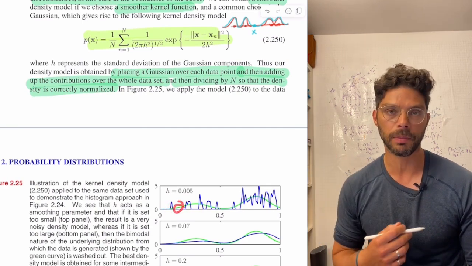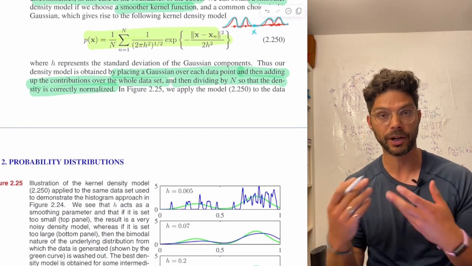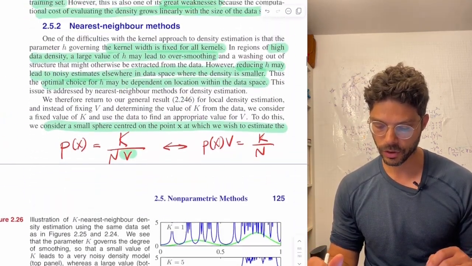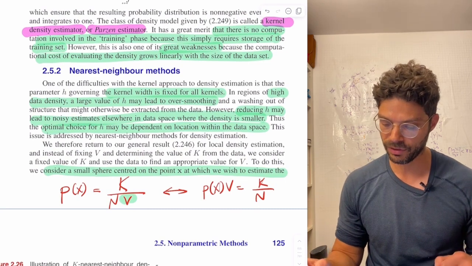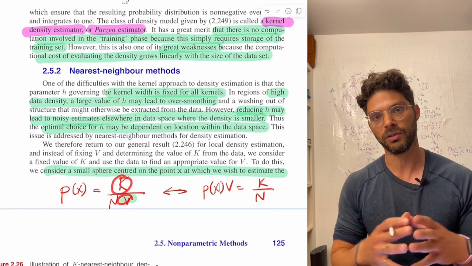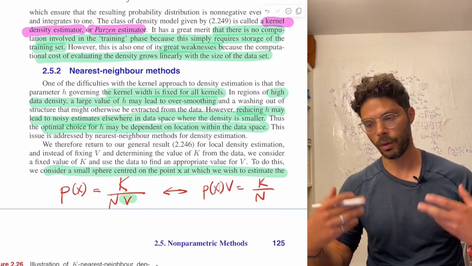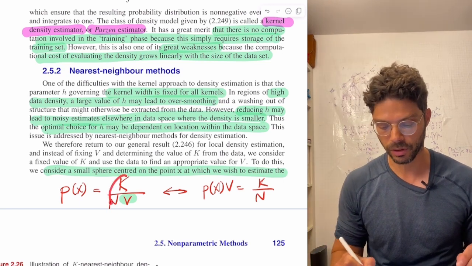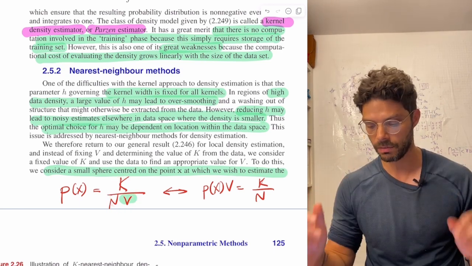You would get these zero probabilities showing up, which might not accurately reflect what's going on in the data. So the other approach, which we're talking about now, is to hold K fixed and adjust V, expanding the volume to always get a certain number of data points showing up, and then you can compute the probability that way. So that's what these nearest neighbor methods are about.